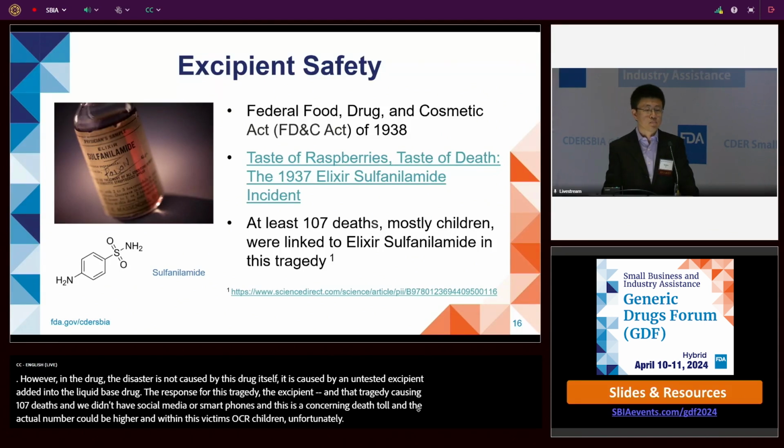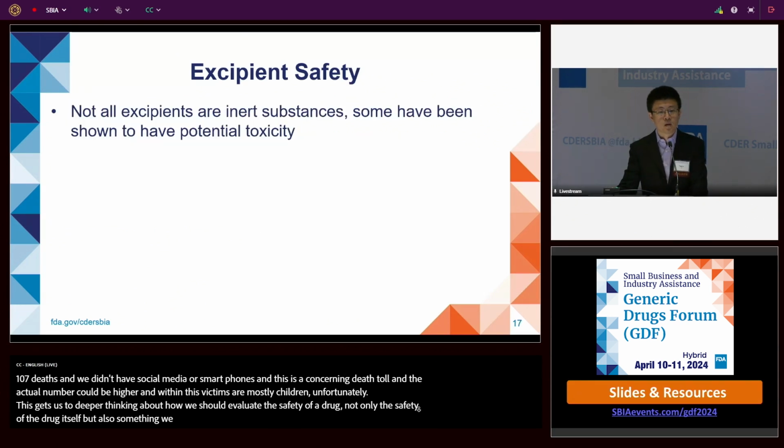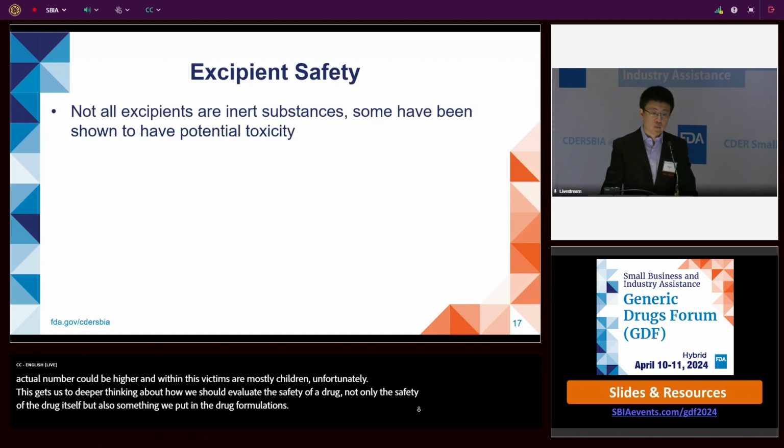This brings deeper thinking about how we should evaluate the safety of a drug, not only the safety of the drug itself, but also of something we put in the drug formulations. A very important lesson we learned from this tragedy is that not all excipients are inert substances. Some may have very high potential toxicity.